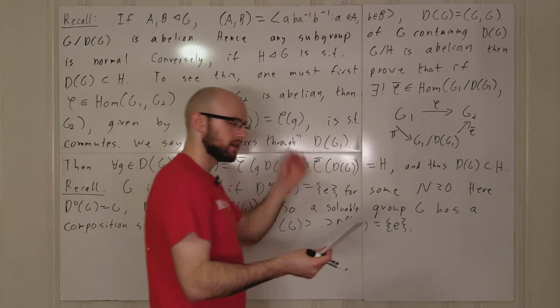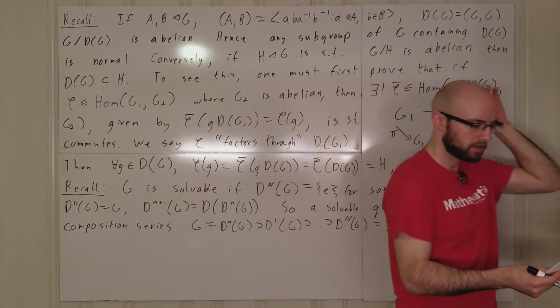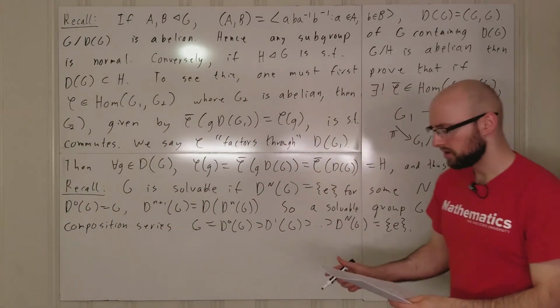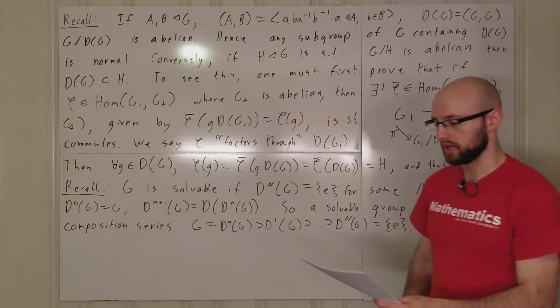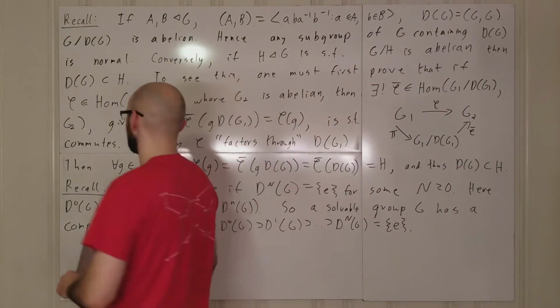All right, yeah, we talked about all this. Each of these d^j G are normal in G, and that's something.